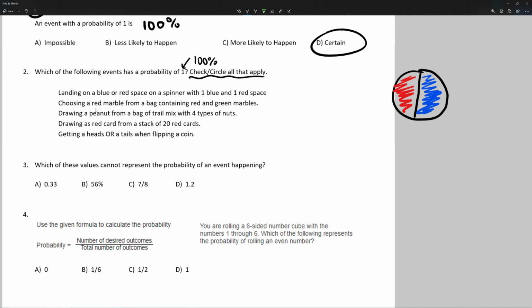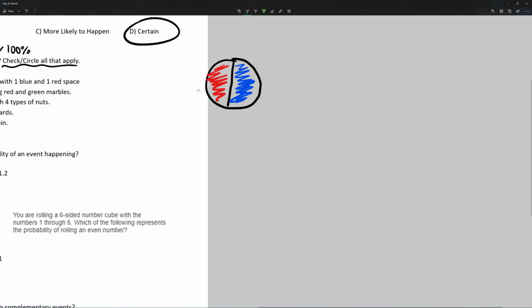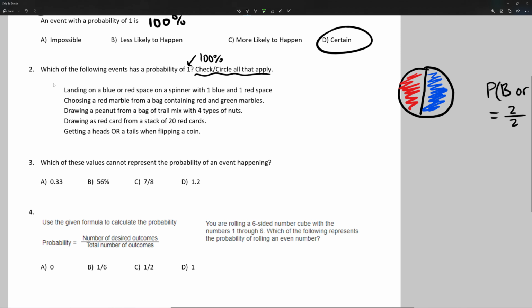Well, what's the probability that you land on blue or red? It's a bit more of a complex question, you'll see in a following chapter, right? But there's blue or red. That's 2 desired outcomes out of the 2 outcomes total, right? And so therefore that is 100% certain. Also, just intuitively, we understand that we can only land on red or blue. So it is certain that we land on red or blue.